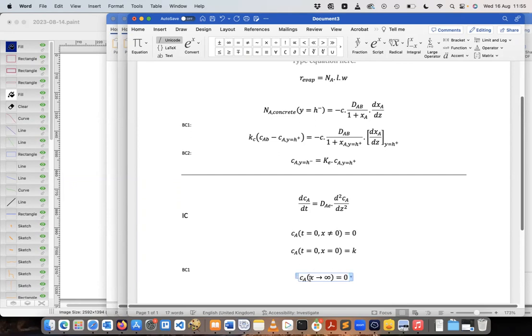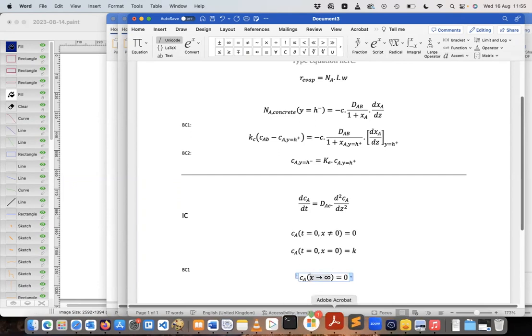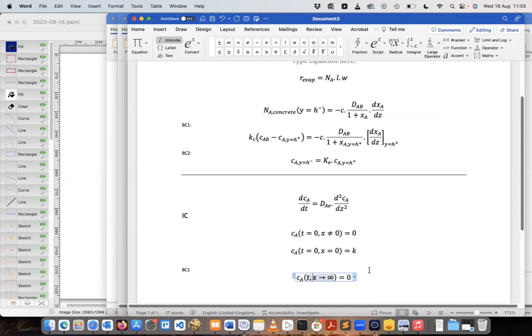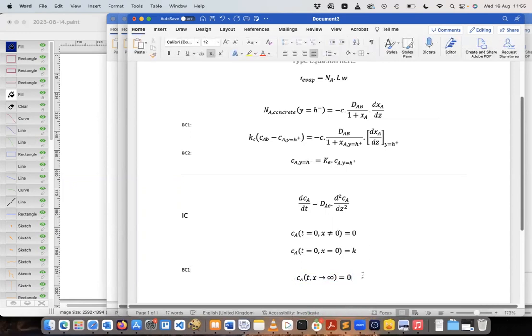So when you look far enough away from the point of the spill, it's equal to 0. And the same is true on the other side, x goes to minus infinity. There's nothing there. And that's for all time. So far enough away from the site of the spill, there's no petroleum. So those are our boundary conditions.